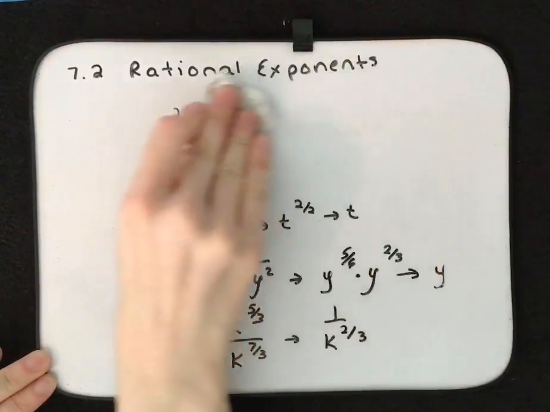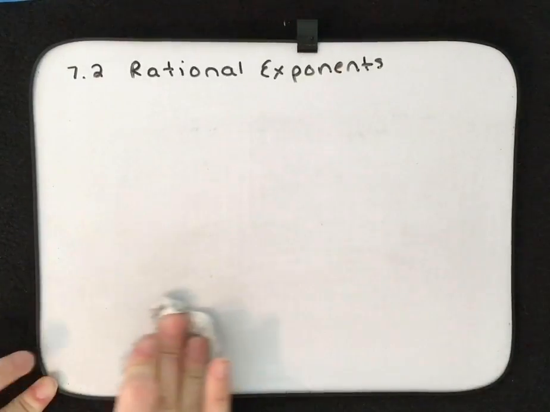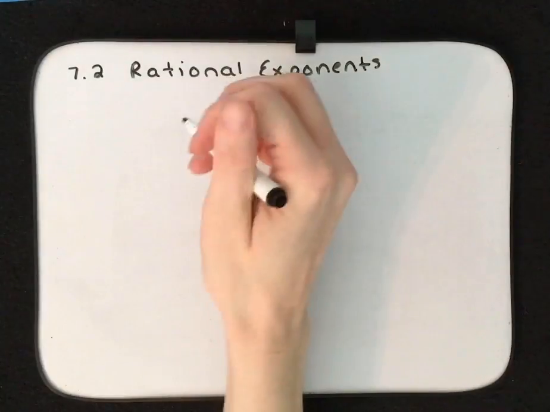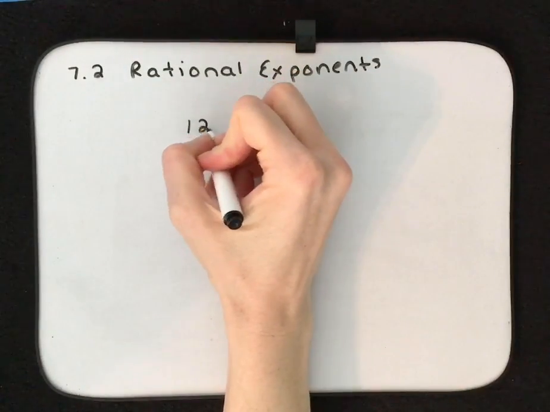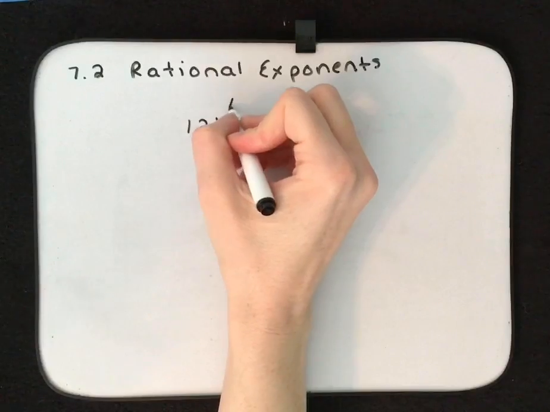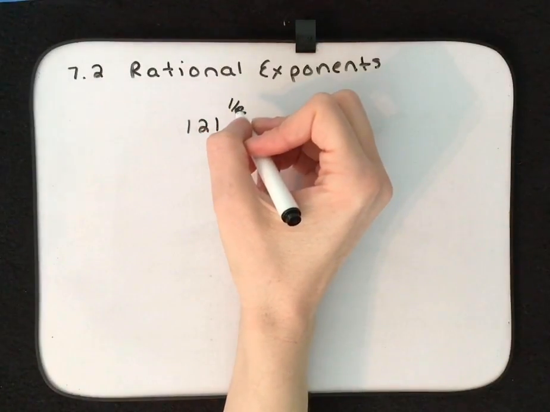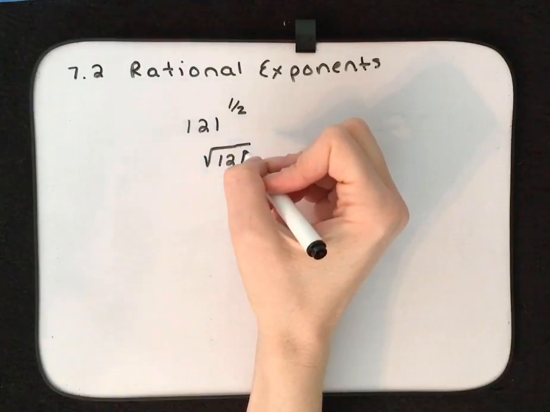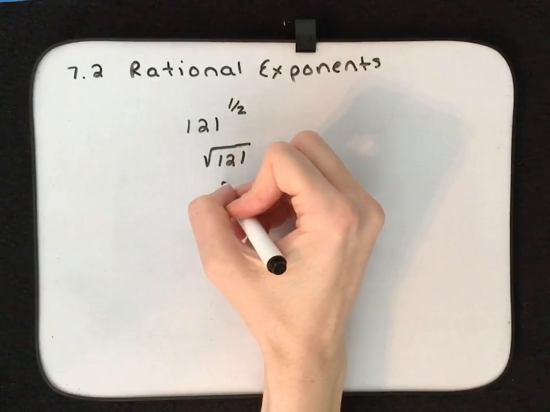Let's try a few more. If you're going the other way, if you have 121 to the 1/2 power, then that means that you're looking at the square root of 121. And we know the square root of 121 goes to 11.